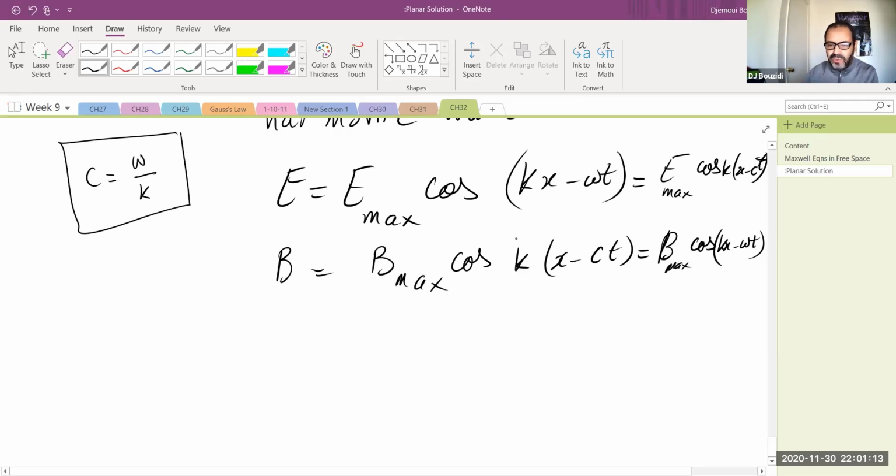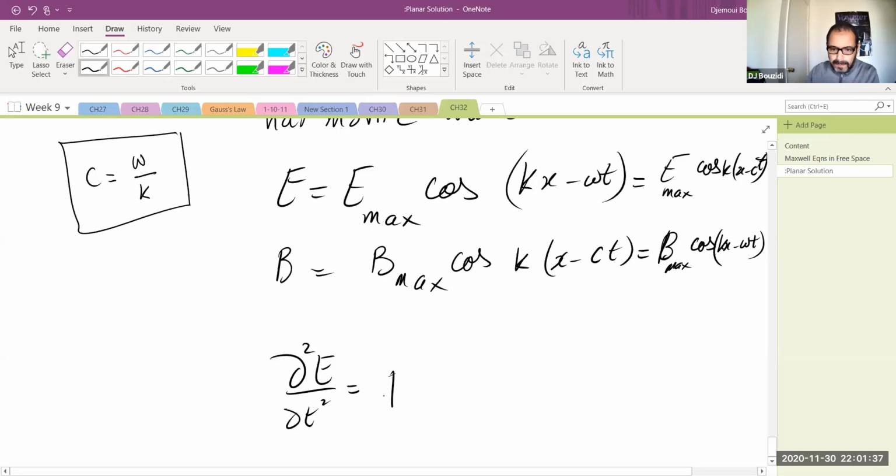As a matter of fact, if you take the second derivative of E with respect to time, the first time it's going to pull a minus omega times the same stuff, but with a minus sign. The second time it's going to pull another minus omega, and the sine becomes a cosine.